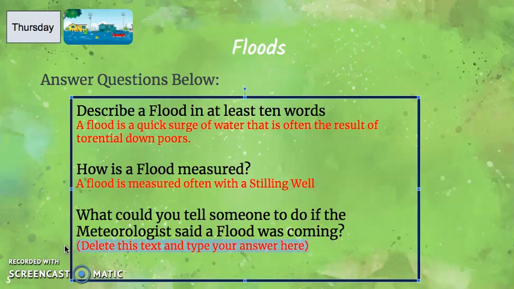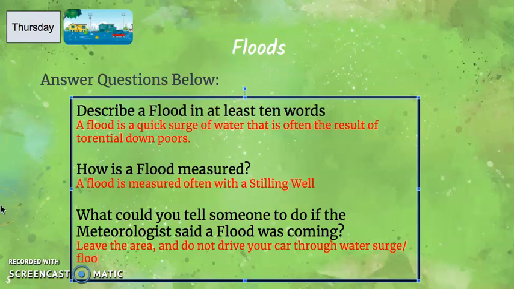Well, if a flood was coming, I would tell them to leave the area, and do not drive your car through a water surge, slash, what did I call it?